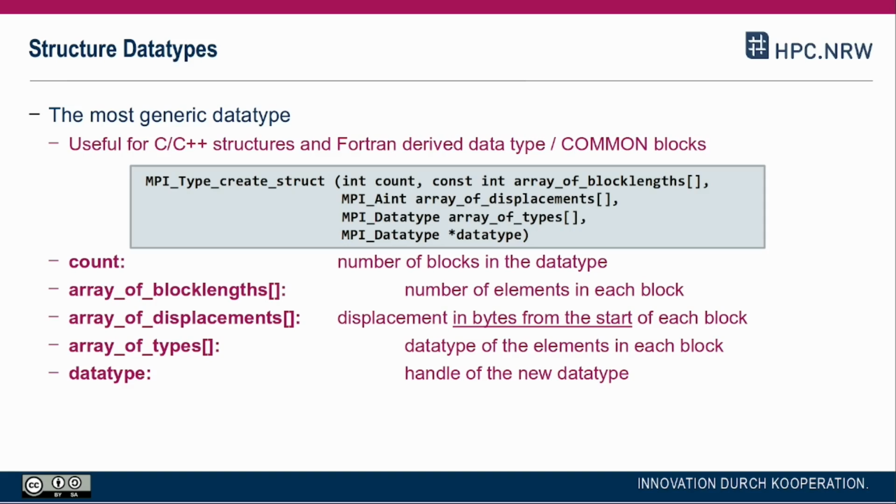Here are the displacements, because you can have padding and things like that. The displacements are no longer element-based, because what would be the element to skip? You have different types in there. Should you skip 4? Should you skip 3? That's why the displacements here are byte-based.